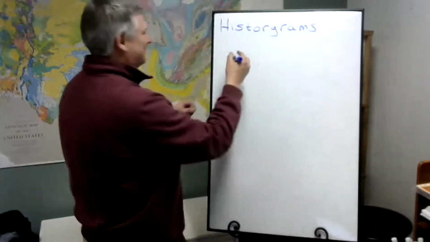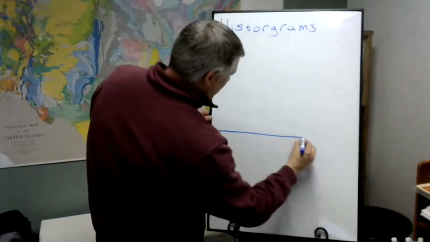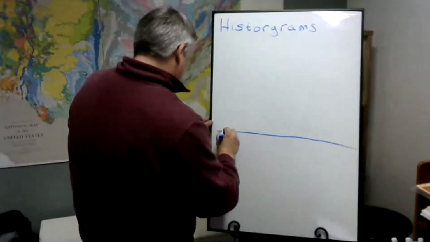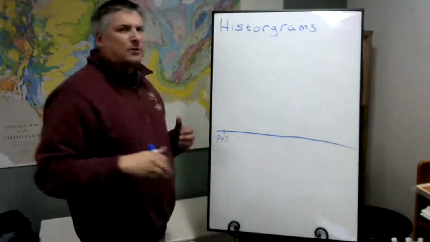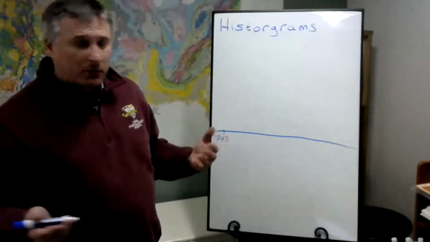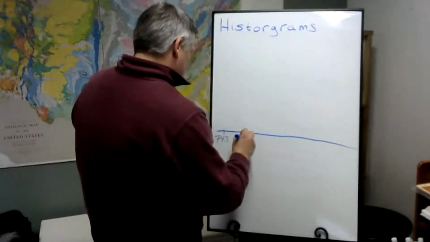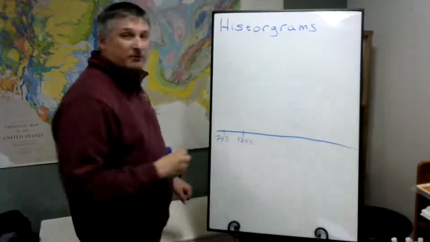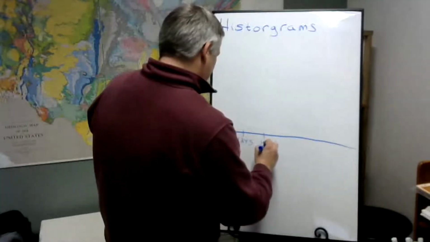We're going to have a horizontal axis for our times. For the first class, instead of going 75 to 124, we're going to use the class boundaries, so 74.5 to 124.5. And then we're just going to go on from there.